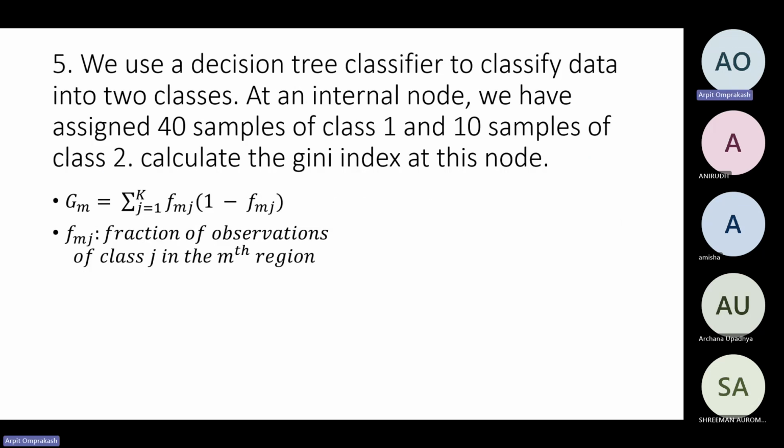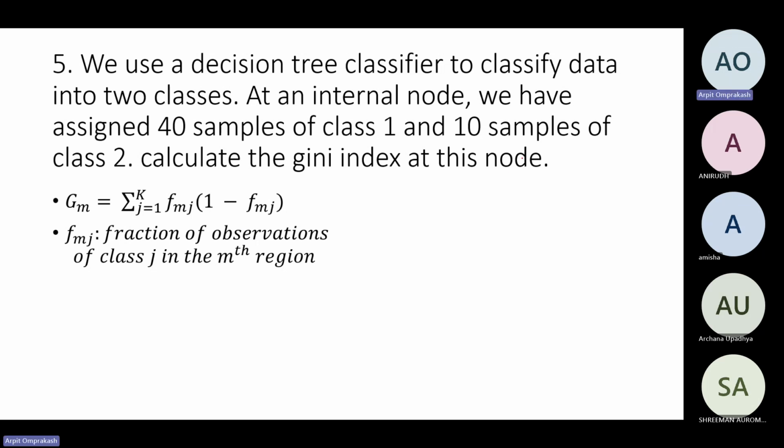So the fifth question is: we use a decision tree classifier to classify data into two classes. At an internal node, we have assigned 40 samples of class 1 and 10 samples of class 2. Calculate the Gini index at this node. So first we need to find out f_mj, the fraction of observations of class j in the mth region.